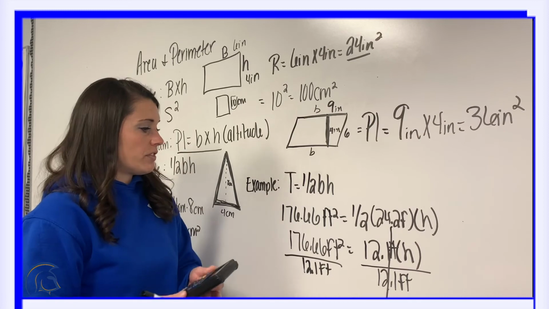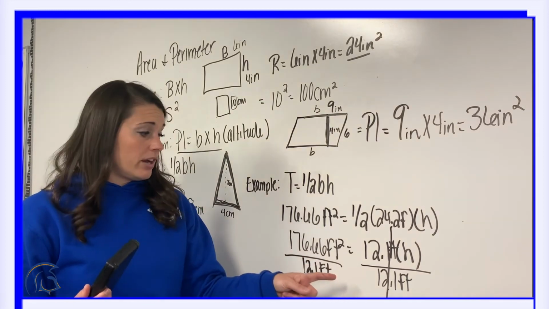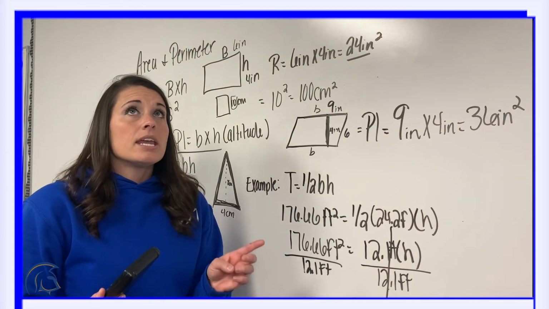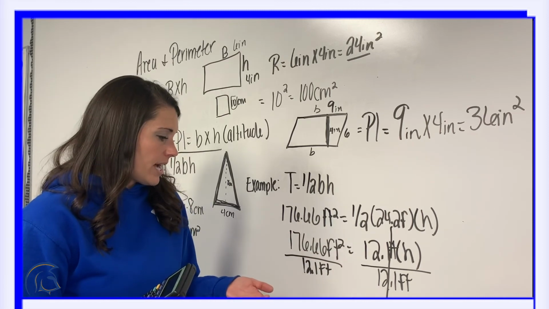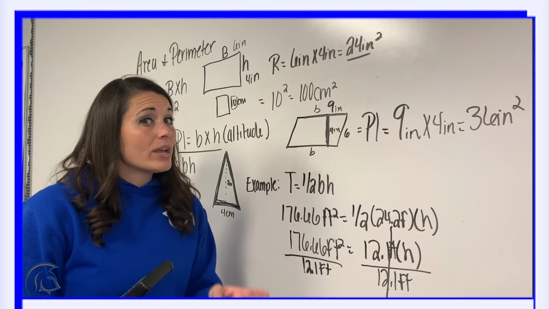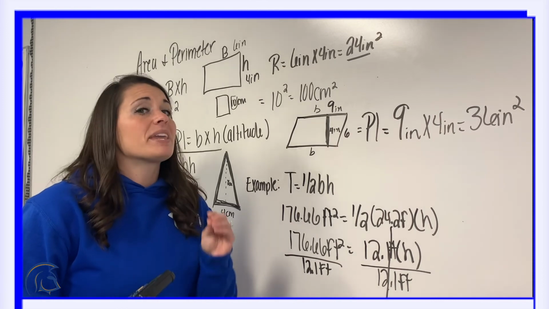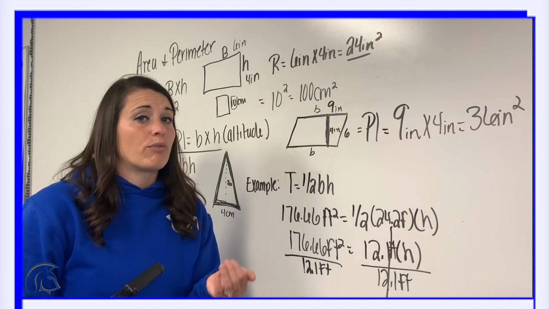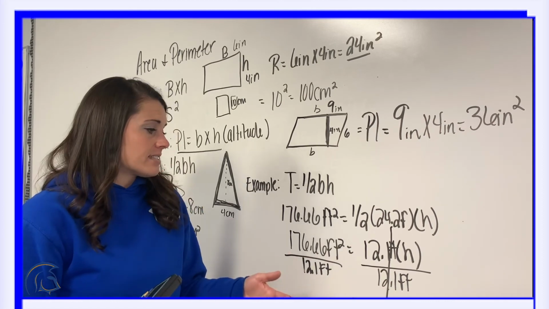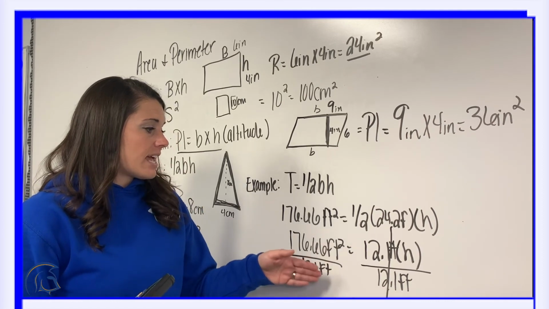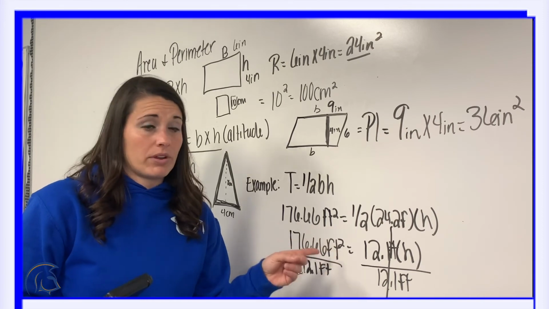Now watch this with your signs. On top you have feet squared, on bottom you have feet. You treat units the same way as you would treat a variable, okay? So your answer is not going to be feet squared because that is the unit we use for area. Your answer is just going to be feet. This is like saying that this foot cancels out one of those feet.